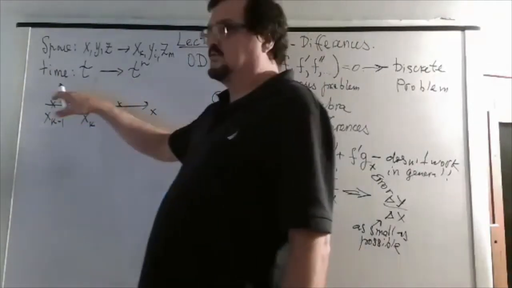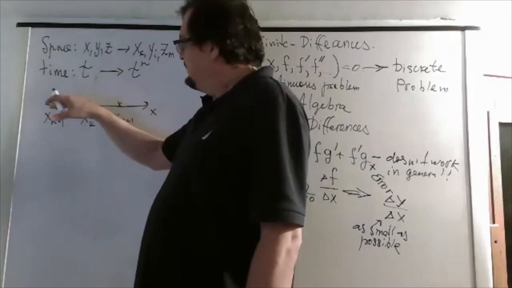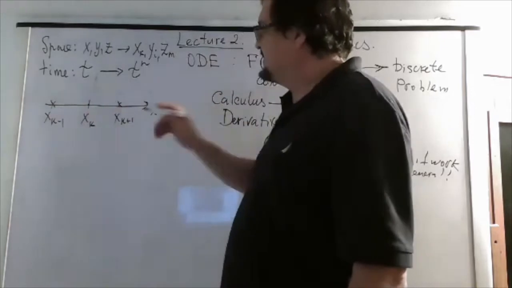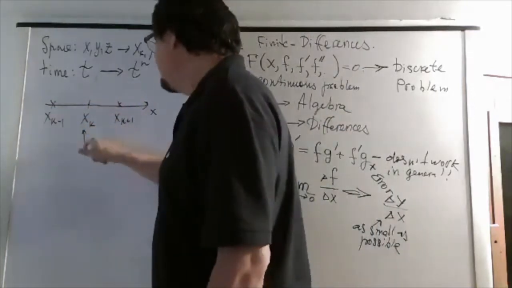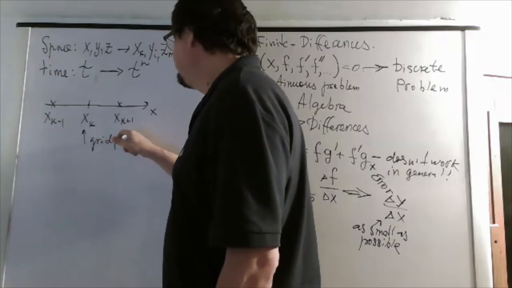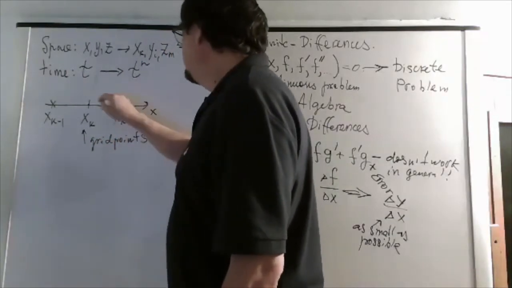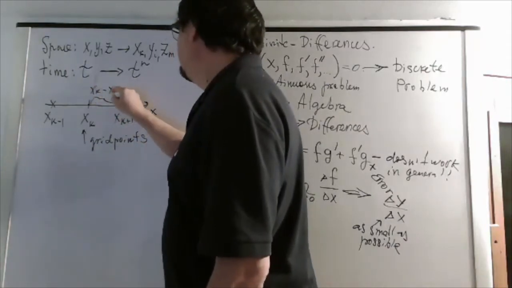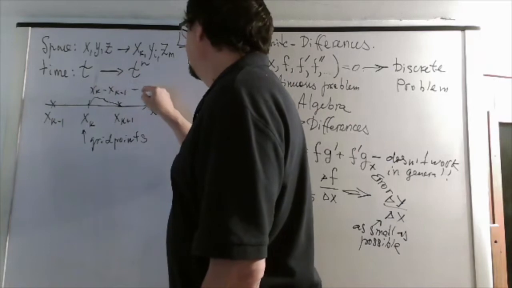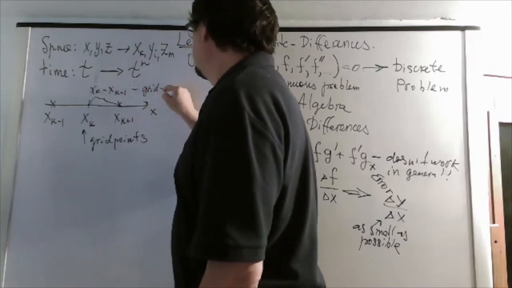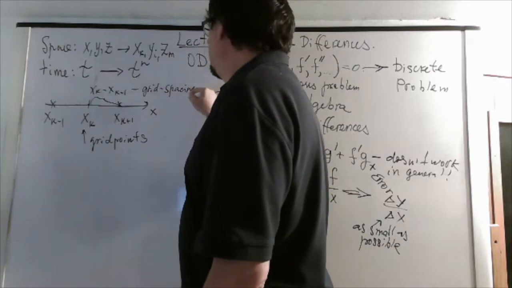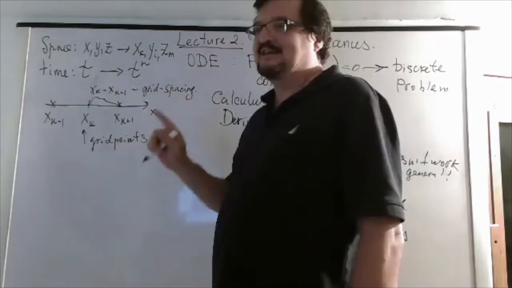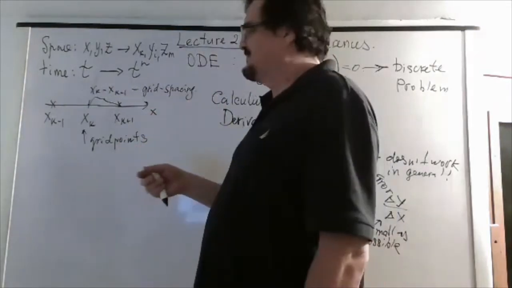Sometimes you may put more resolution, or smaller distances between grid points. Those are called grid points. And the distance between them, x_k minus x_k minus 1, for example, is the grid spacing, or grid interval.